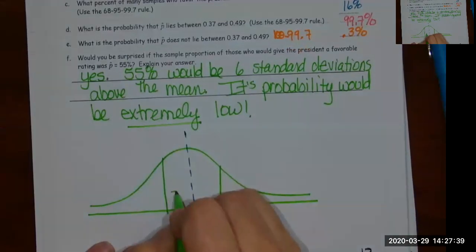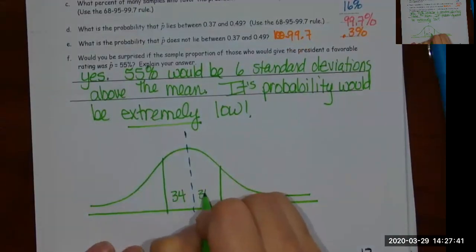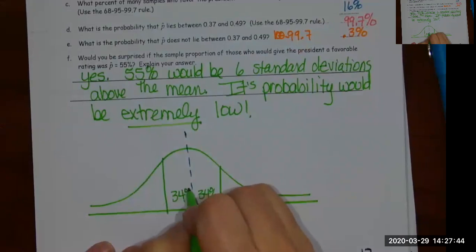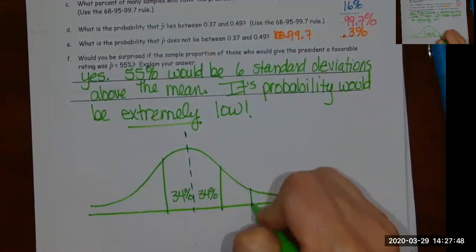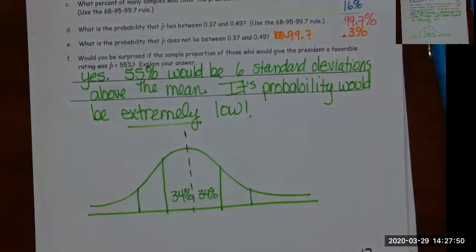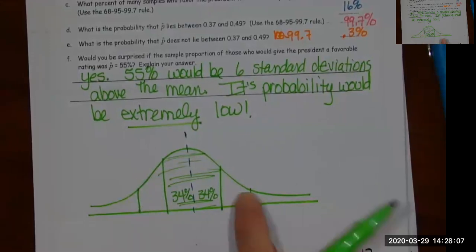So that means I've got 34 and 34%, right? Because this is 68. And then if we go to here, it's 95%. So if I take 95% minus the 68 that I've already used up here, that tells me what's left for these spots. I got to divide it by 2 because half goes here and half goes here.